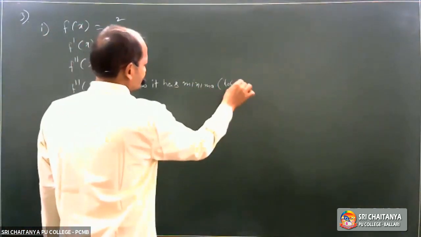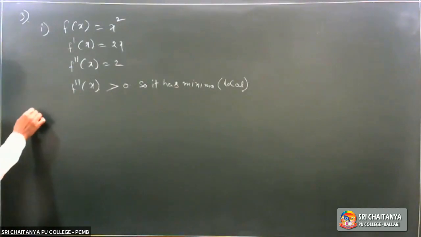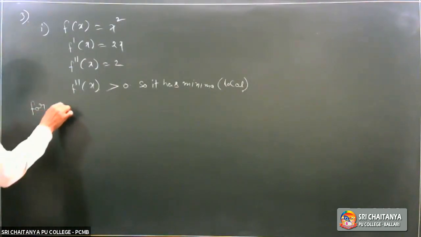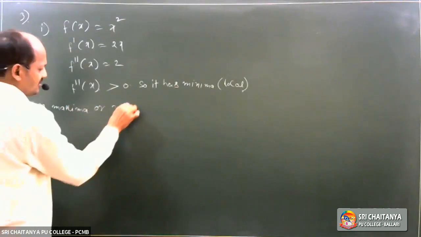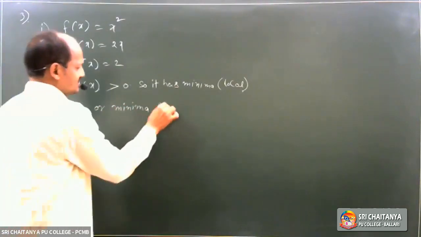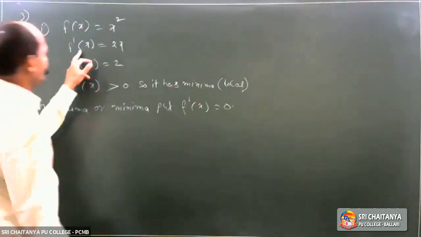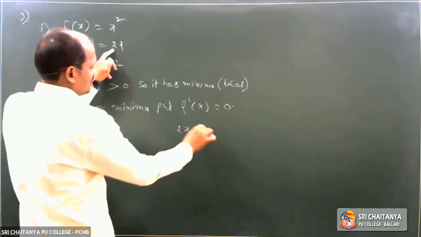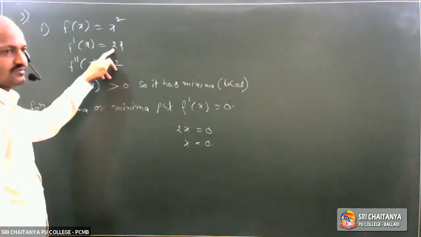For maxima or minima, put the first derivative equal to 0. The first derivative is 2x. If 2x is equal to 0, then we get x equal to 0.